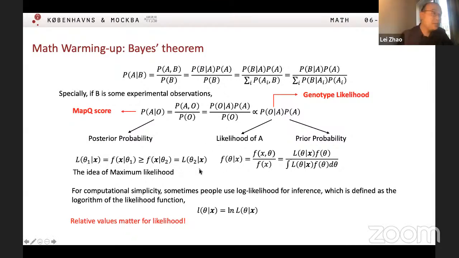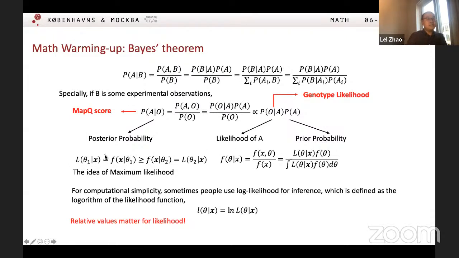And the other way to use this likelihood function is to calculate this kind of posterior probability, right? But if you compare these two, you will find one funny thing. You don't need to care much about the absolute value of likelihood. What you really care about is the relative value of likelihood.